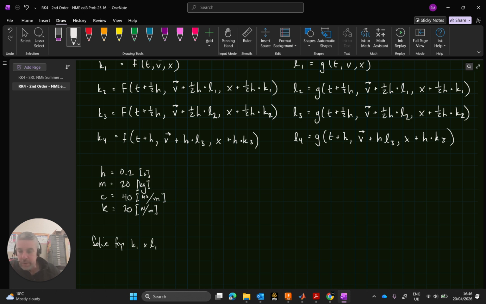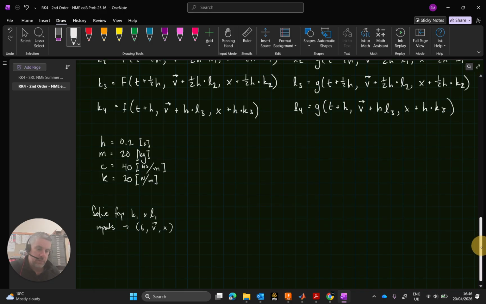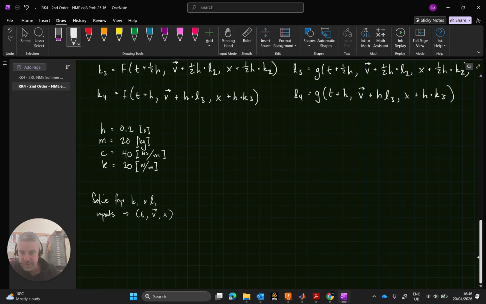Our inputs for them are going to be in this order as well, t, v, and x. It's a t, not a 6. And the t is at 0 time. The velocity at 0 time is 0, and the x at 0 time is 1.